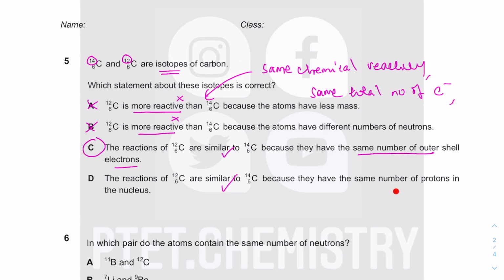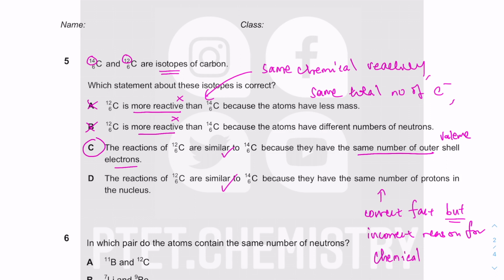The reactions are similar because they have the same number of outer shell electrons. Okay, this is a correct statement. They have the same number of protons. Hang on, let me see. The reactions are similar because they have the same number of outer shell electrons. So this is to do with valence. So this is a correct fact, but an incorrect reason for chemical reactivity.